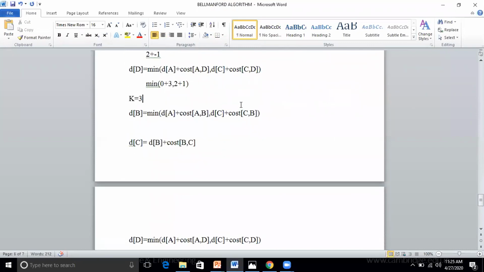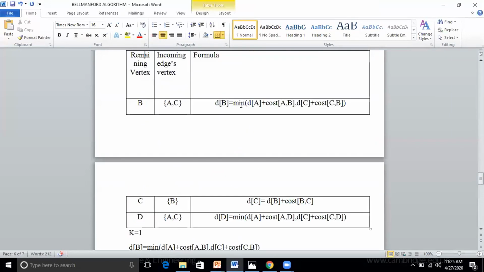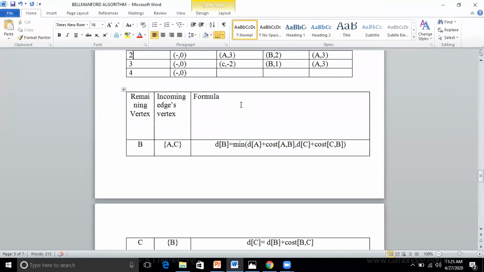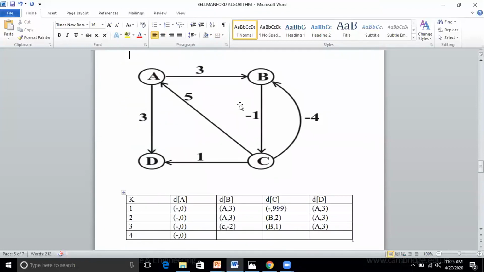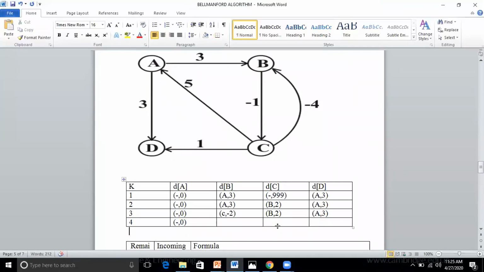Now tell me how to do this. Excuse me, sir, in the third iteration, the D of C value is B comma 2, not B comma 1. Yeah, wait, this is correct. B comma 2. There also you have taken 2, not 1, in the formula.